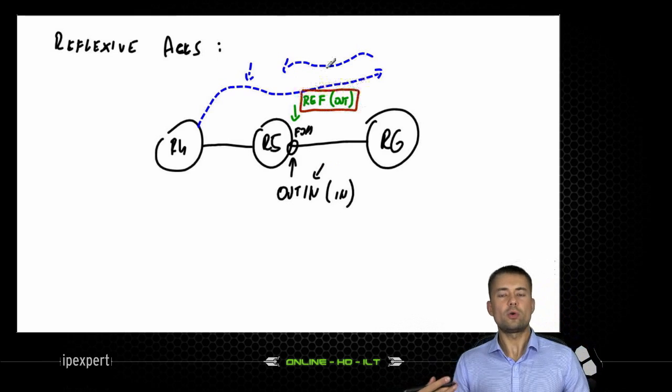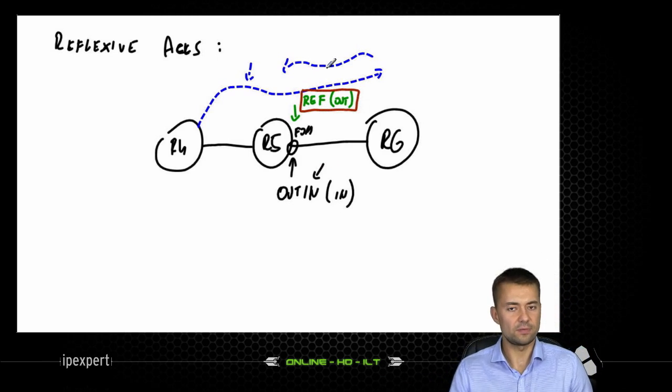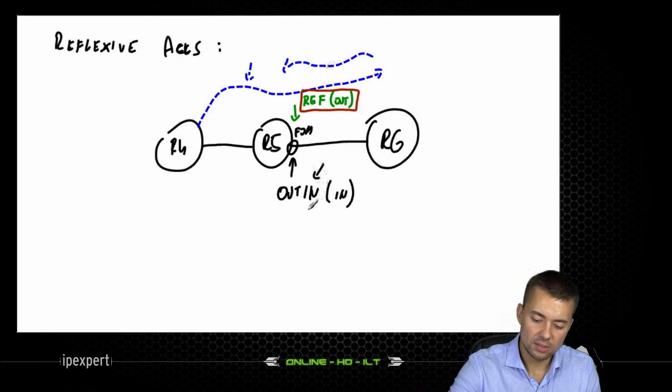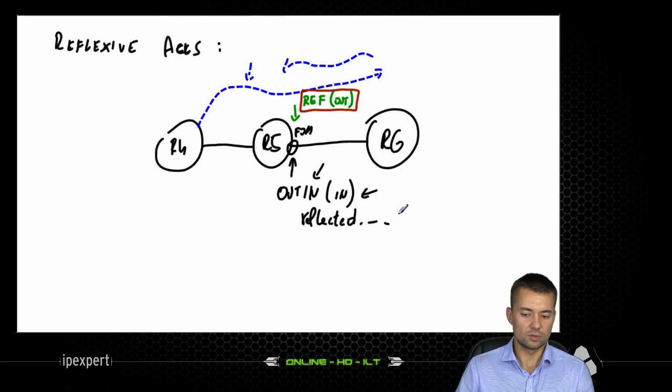So in other words, only the packets that are part of an existing session will be allowed, because once the original session goes out, it will automatically update this access list with the reflected entries, which is going to be the opposite of that original session.